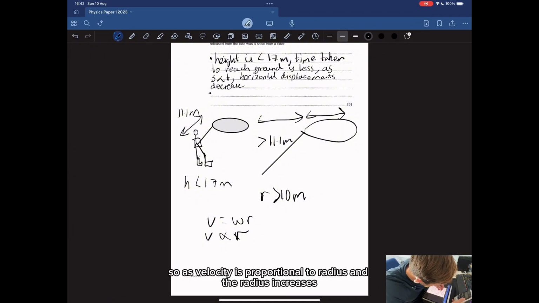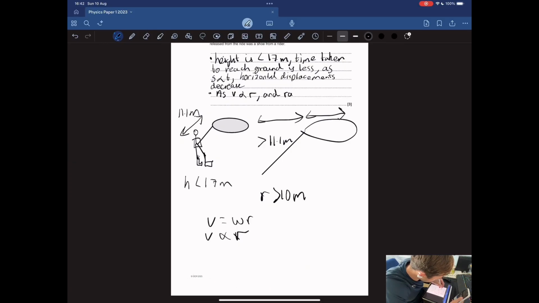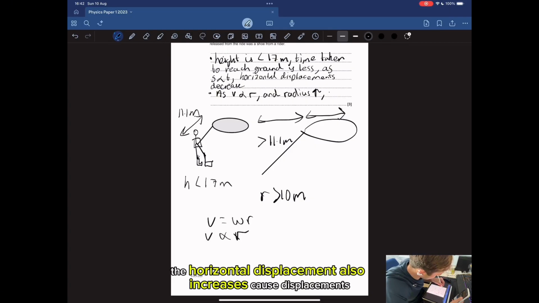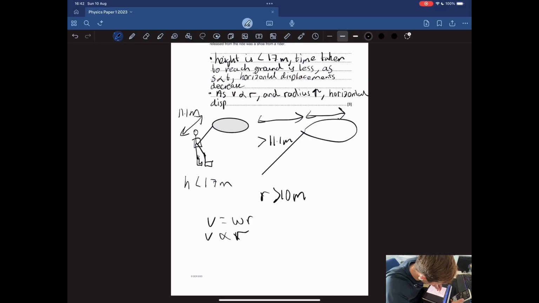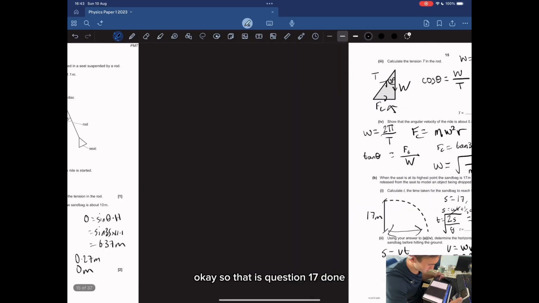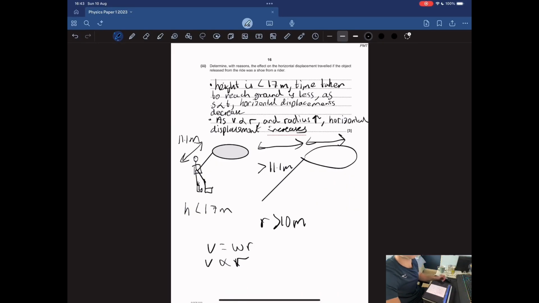So as velocity is proportional to radius and the radius increases, the horizontal displacement also increases because displacement is also proportional to velocity. Okay, so that is question 17 done.